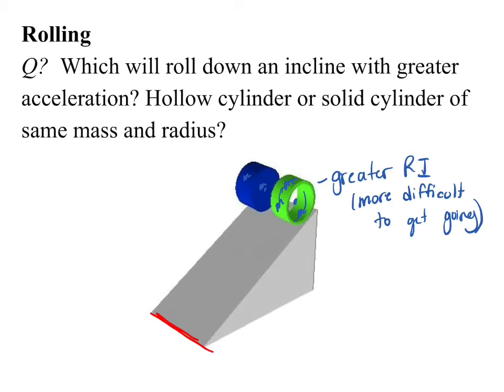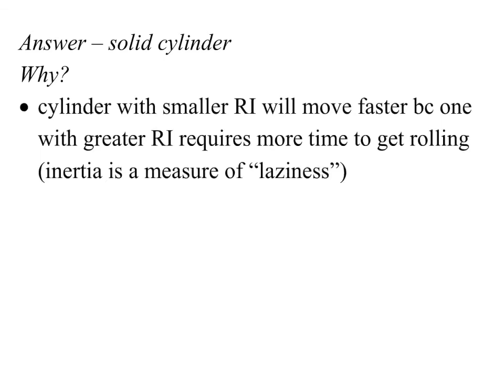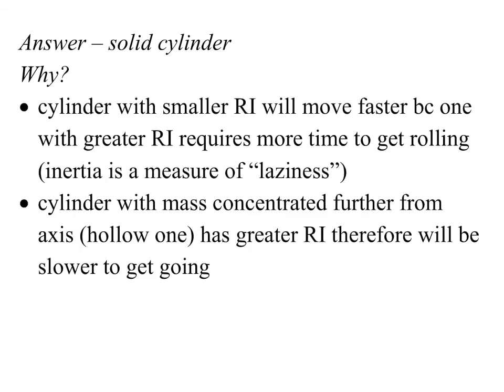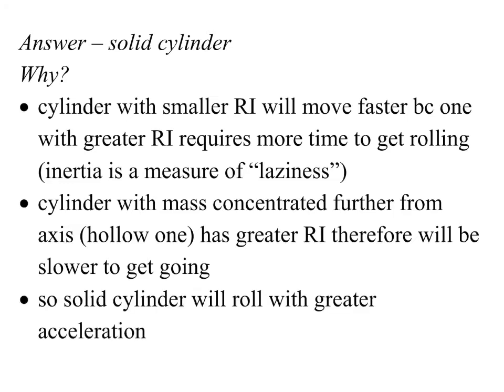Mass on the inside will have a much lower rotational inertia. So altogether, it has smaller rotational inertia. So the green one would take longer to get going, and the blue one would definitely win that fight.